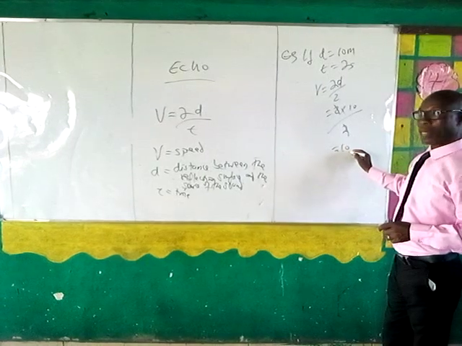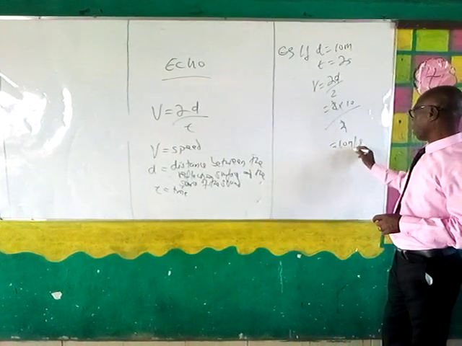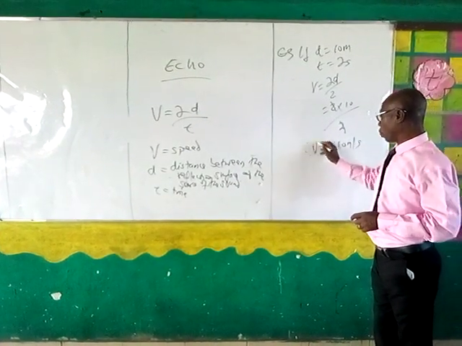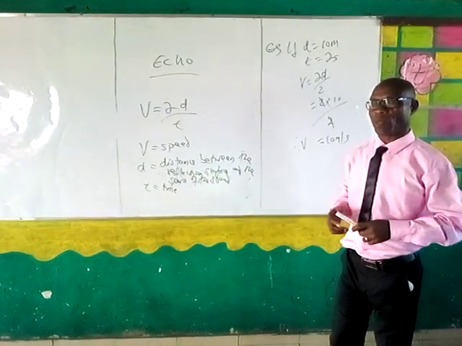This will give us 10 meters per second. Therefore, the speed of that echo is 10 meters per second.